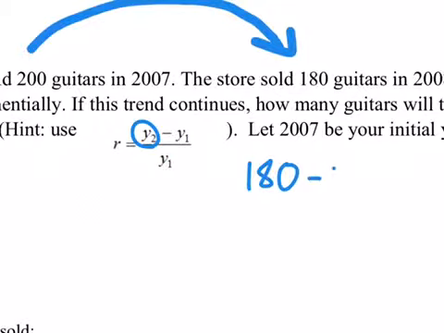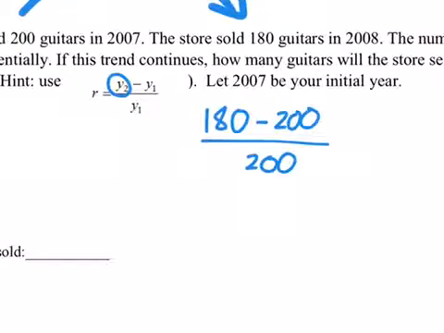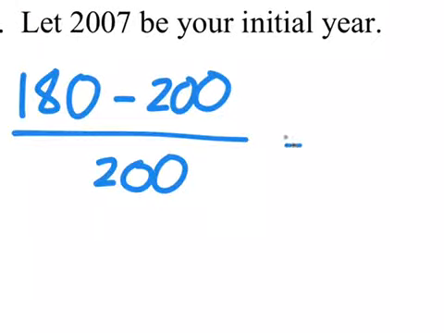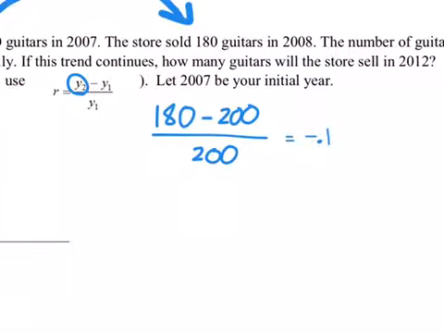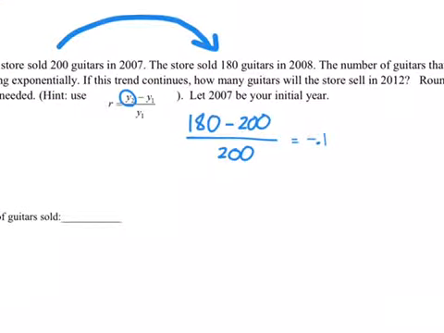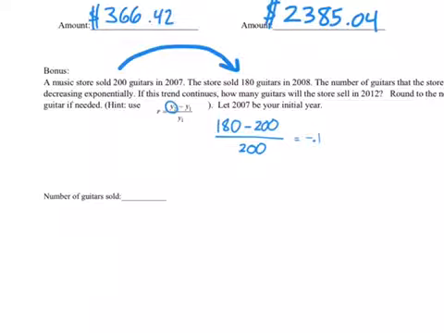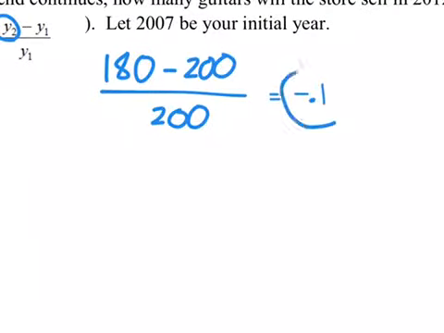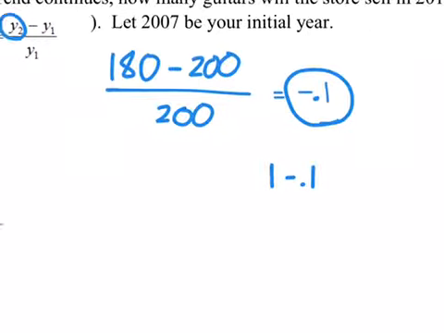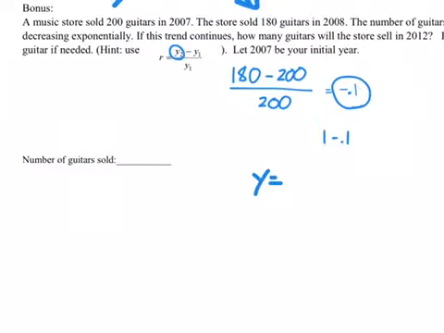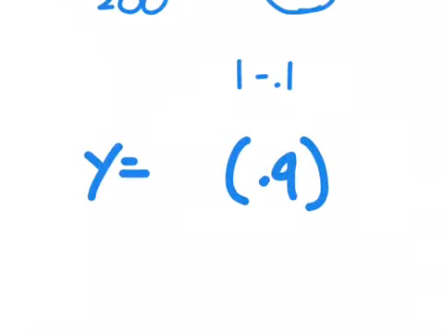We subtract by how much we sold in year 1. Divide that amount by year 1. And when we do that, we get this right here, which tells us we are losing 10% of our sales each year. So this is what we'd want to take away from 1. So 1 taking away that 10% would give us a B value here of 0.9. So they're only keeping 90% of their business as years move on.